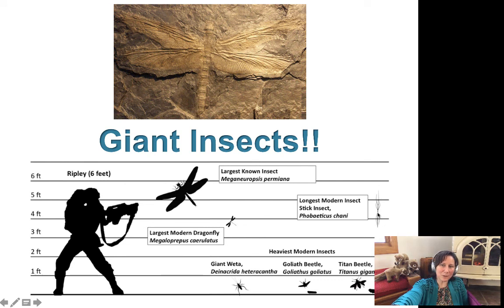Here's how big the biggest of our current dragonflies are. You can see it's far smaller than this guy here. Even other insects, like the Titan beetle, the Goliath beetle, and the giant Weta, are pretty small compared to some insects that were really big. So that's a fun fact to leave you with.